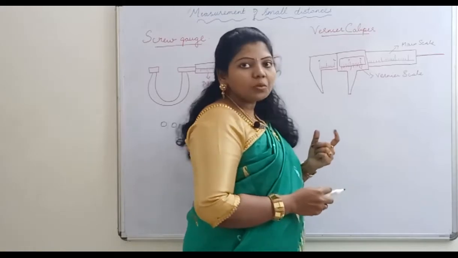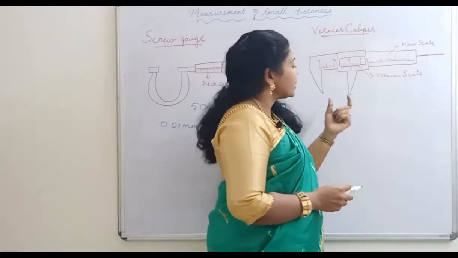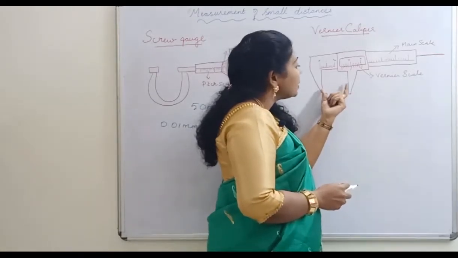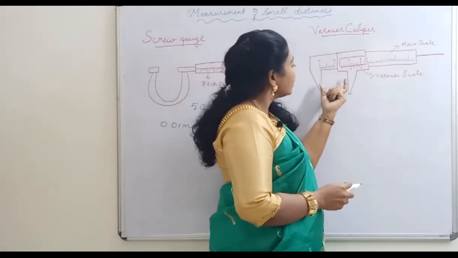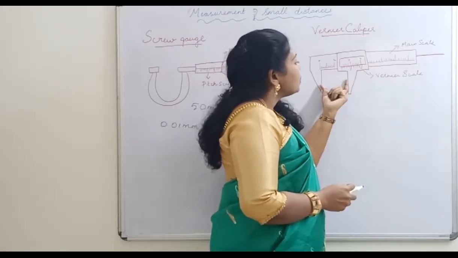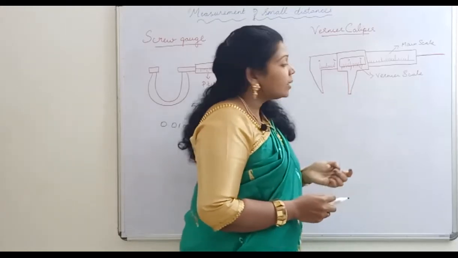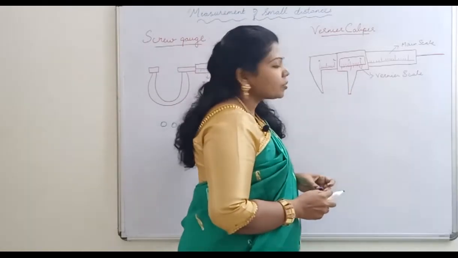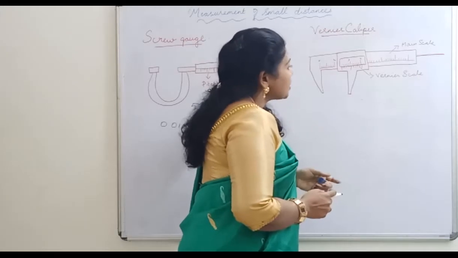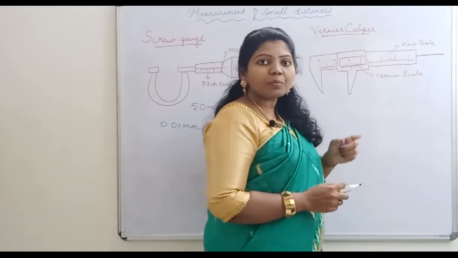This Vernier can be used to measure the length of objects. The object can be placed between these two jaws, and we can take the readings to measure the length of the object and to measure the inner diameter of a pipe.